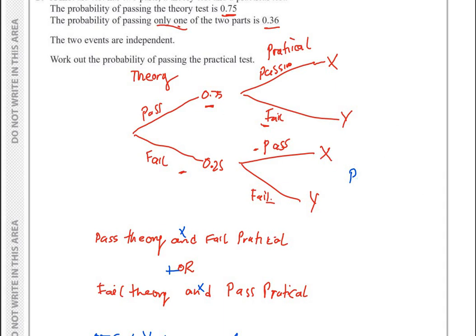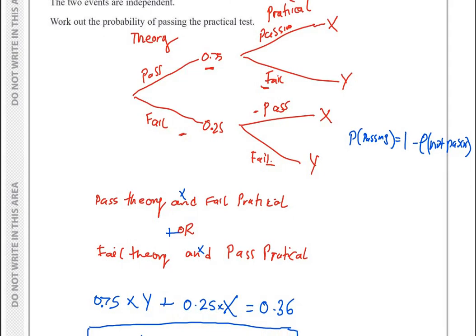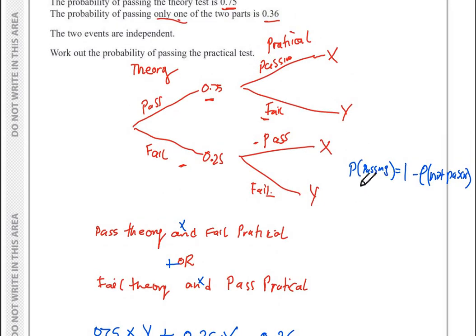Okay, and so if we remember that the probability of, let's say, passing equals 1 minus the probability of not passing. Alright, so the probability of passing, which is x, equals 1 minus the probability of not passing, which is y.